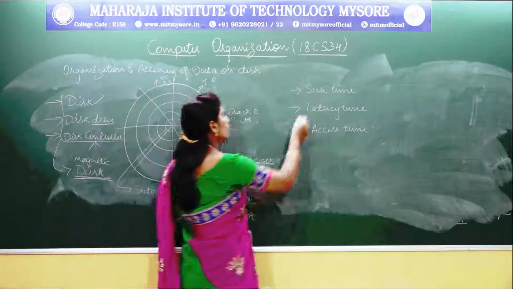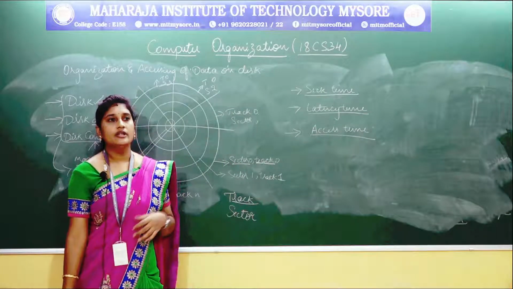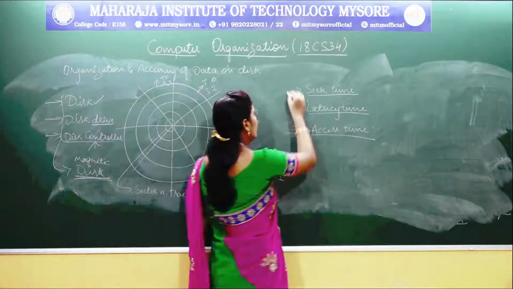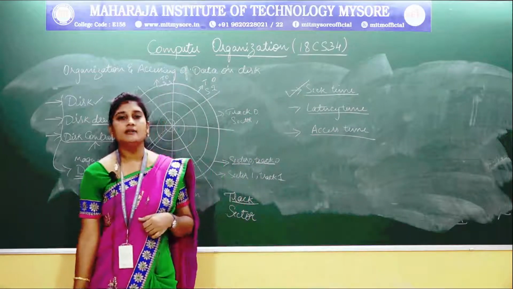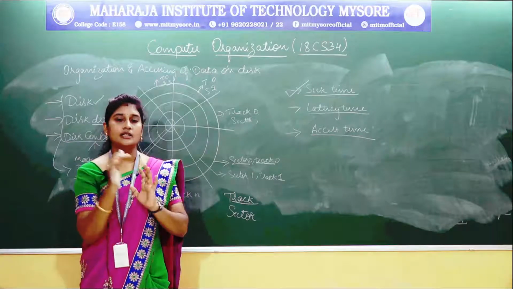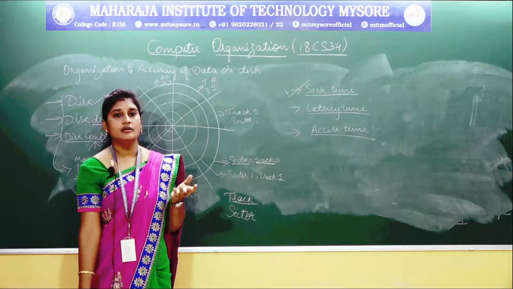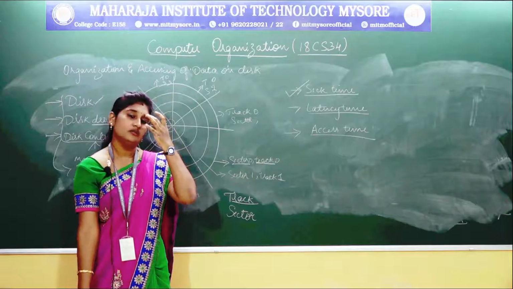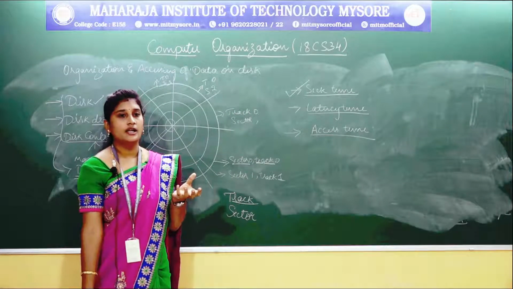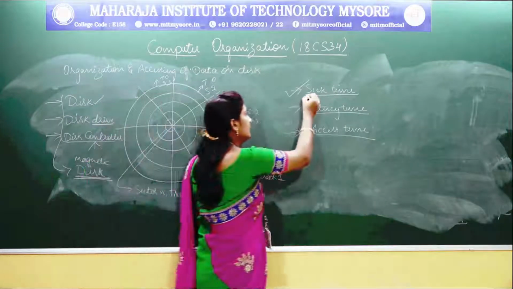Fine. Next, coming on to the properties of your disks. There are certain main functionalities your disks perform. So what do you mean by seek time? Seek time is nothing but the time taken by the read write head to reach a particular track of my disk. When the processor sends a request for addressed data, the time taken by the read write head to reach that addressed position is called seek time.